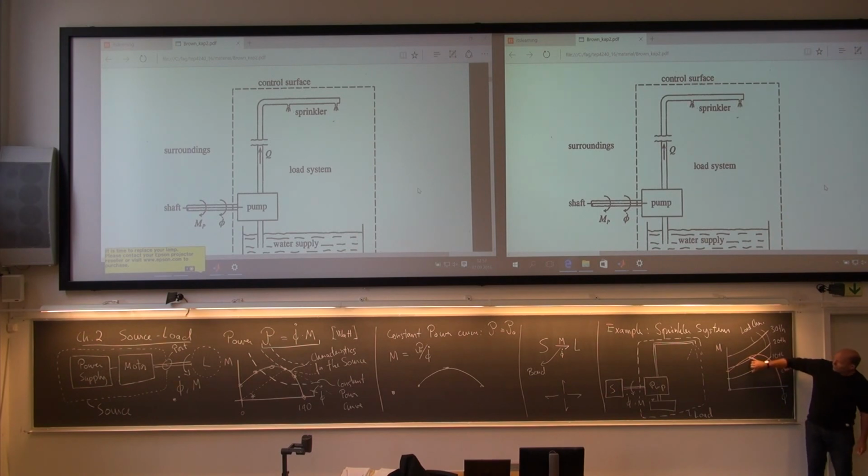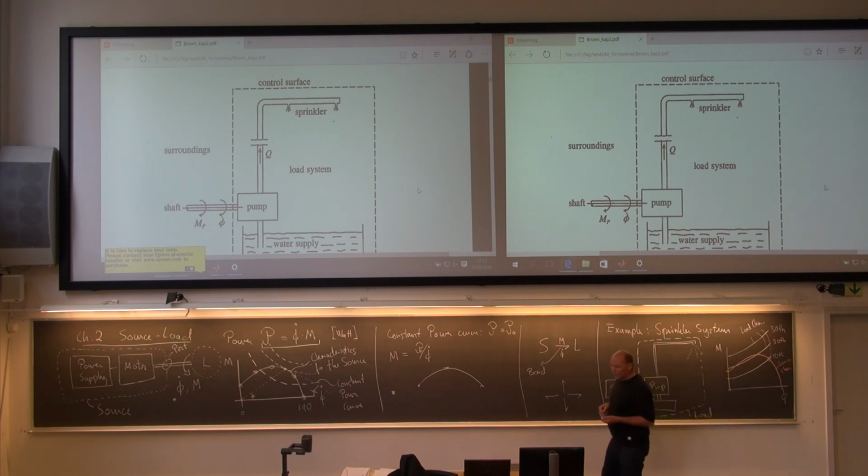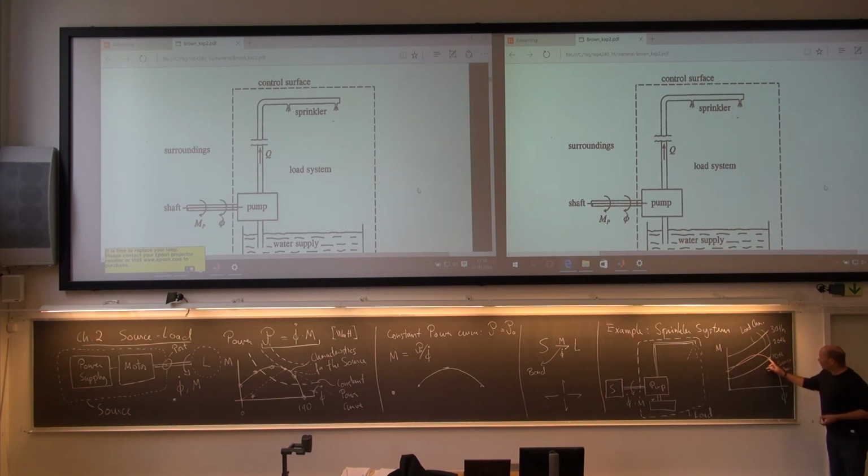So as long as the red line is above the white one here, it will continue to accelerate up the system. It will rotate faster and faster until you hit this point. There you are in balance. Then the entire amount of energy or power that the source can give out will be swallowed by the load. So here we are talking about an operating point.